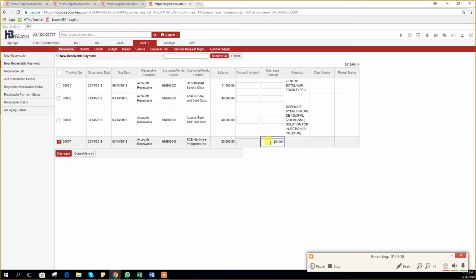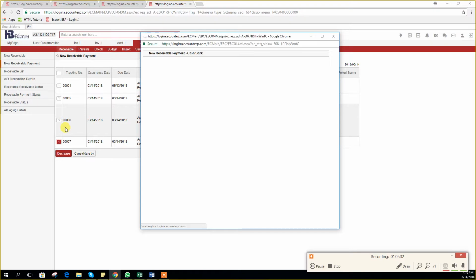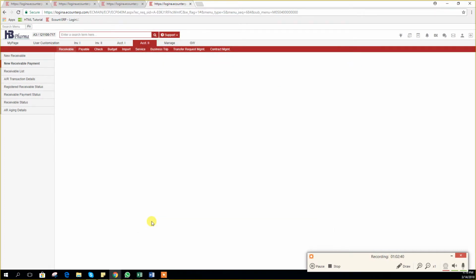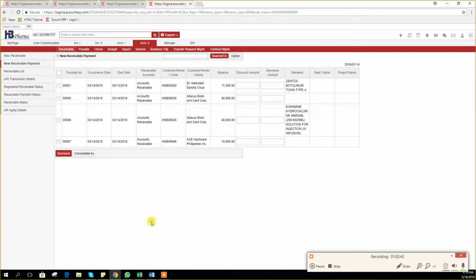You have done nothing. All you did was create a receivable for 20,000, which you pay 10,000. You pay half first, and you did not move the inventory at all. There is no inventory movement. Just payment.